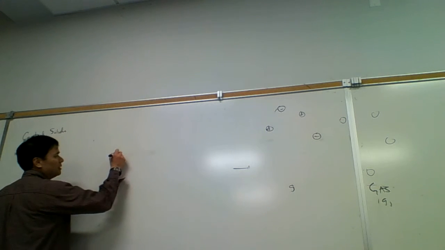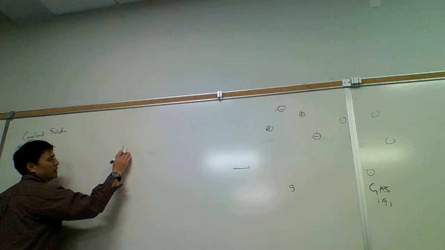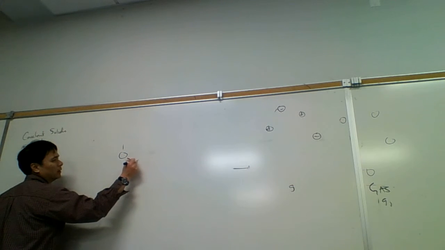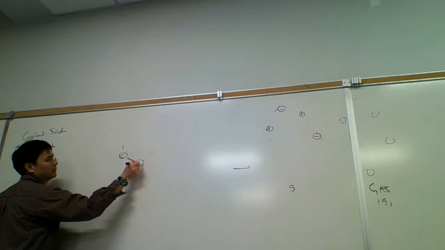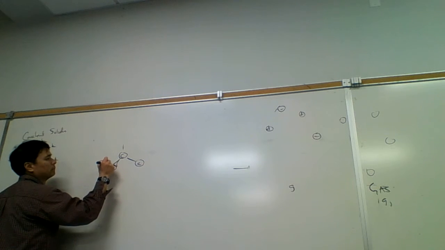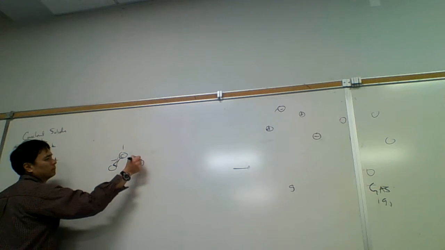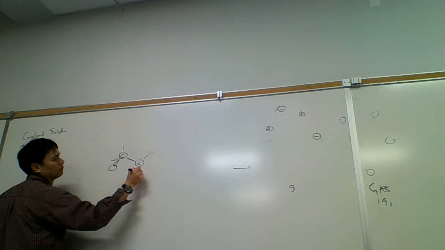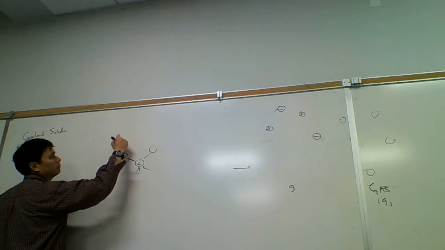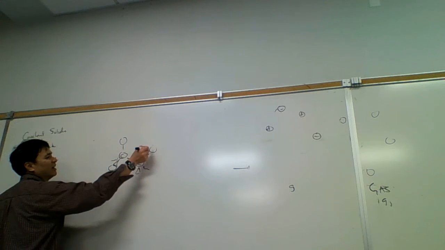Now, if we look at diamond, diamond is a whole bunch of tetrahedral carbon atoms. So these would be carbon atoms here, extending off in 3 dimensions.